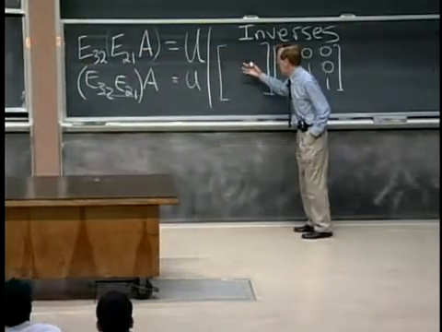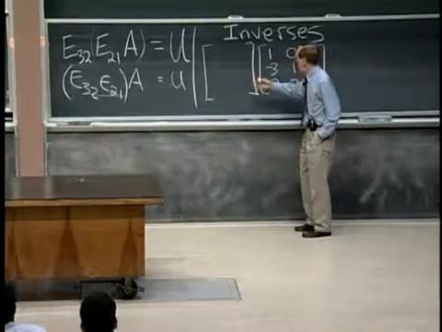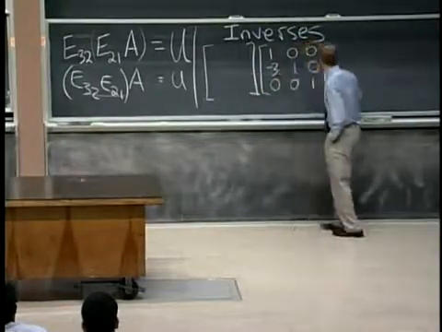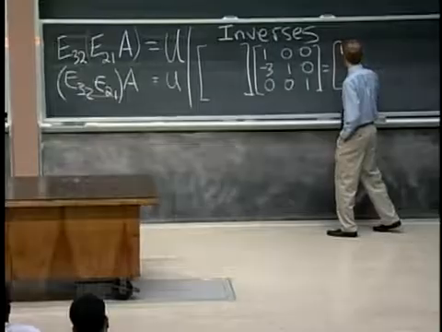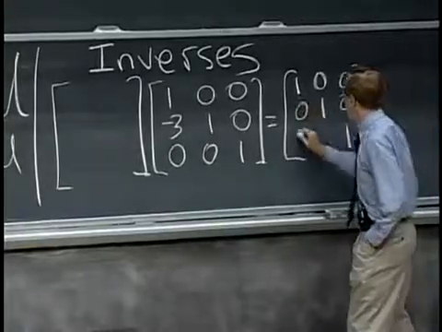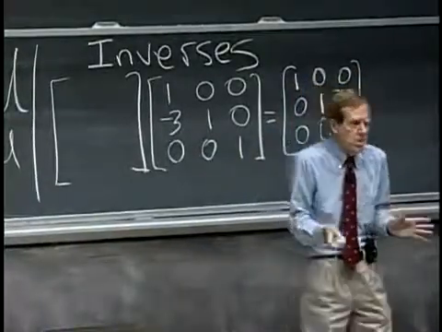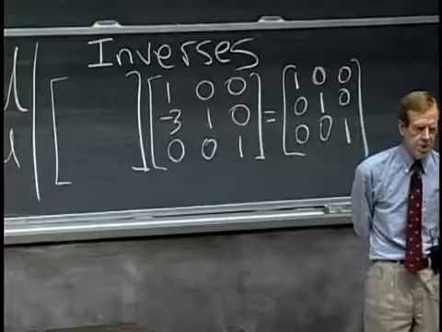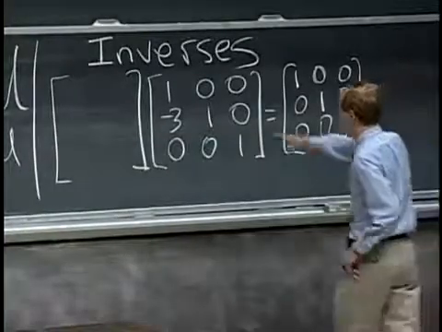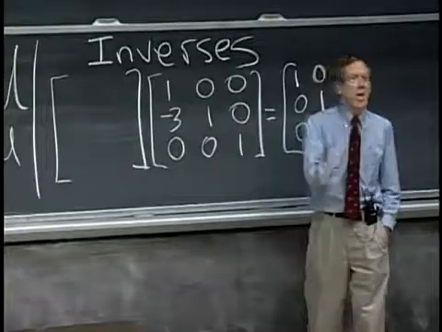I want to find the matrix which undoes elimination, the matrix which multiplies this to give the identity. And you can tell me what I should do in words first, and then we'll write down the matrix that does it. If this step subtracted 3 times row 1 from row 2, what's the inverse step?